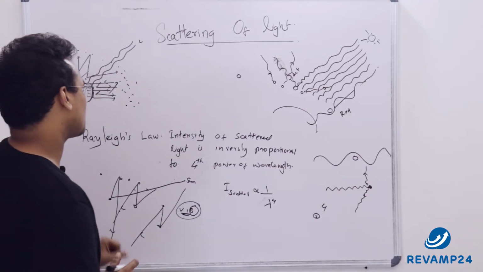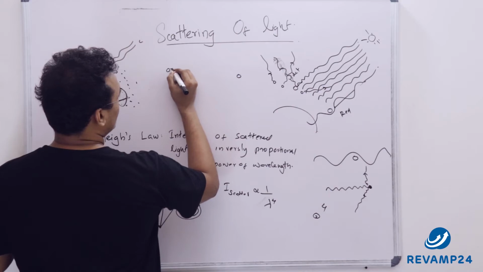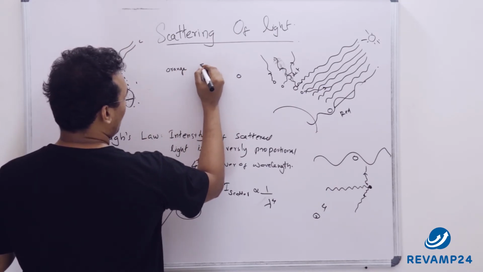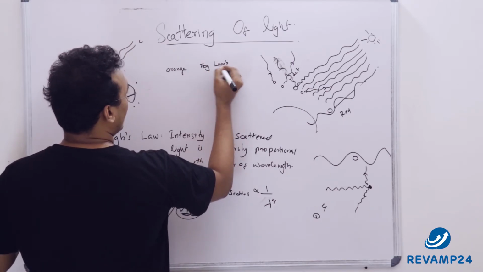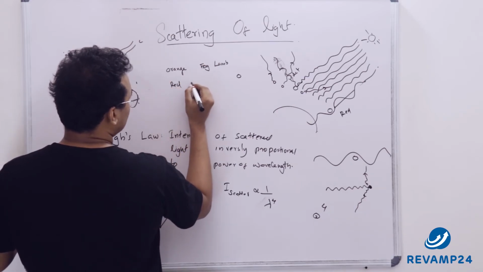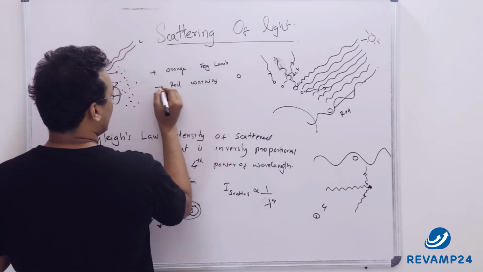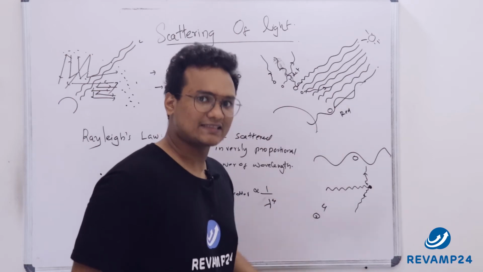Now I will also explain why we use orange color light in the case of a fog lamp and red color for a warning signal. Red color for a warning signal is used because red is subjected to least scattering.